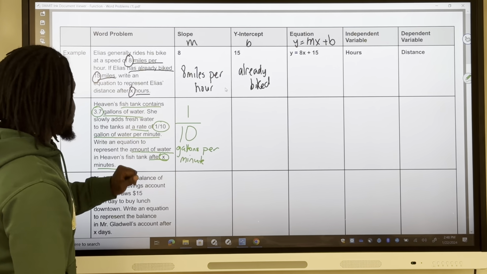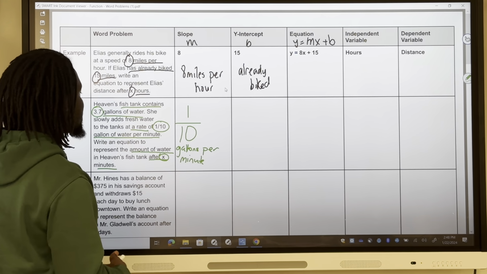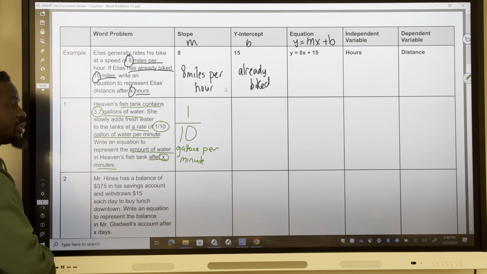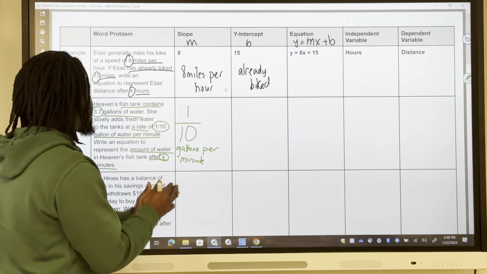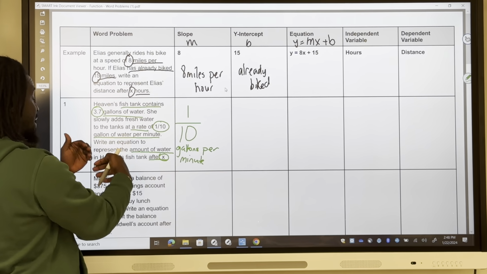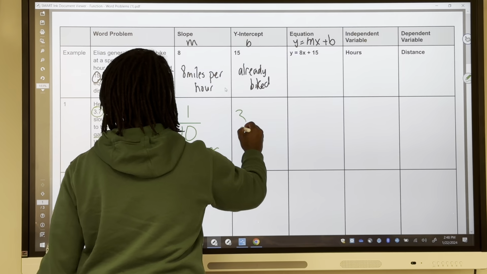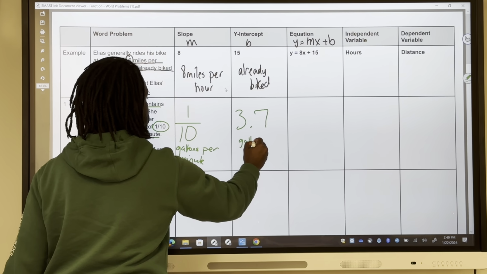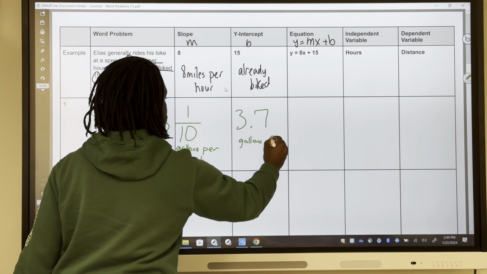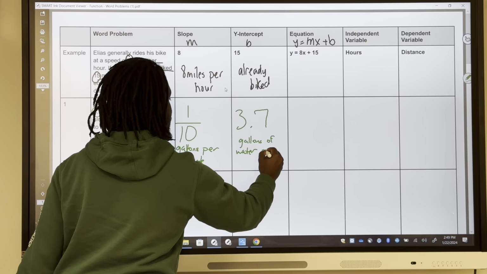She's adding water each time in this situation. And then the y-intercept is how much she has from the beginning. What is the starting place? Where does she start? It said the fish tank already contains 3.7 gallons of water. So the 3.7 gallons of water is how much she starts with.